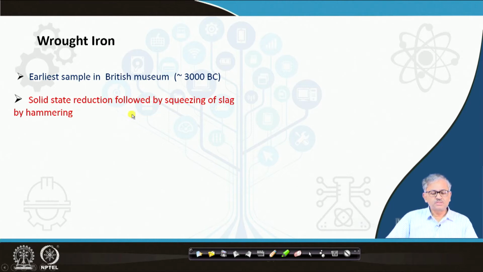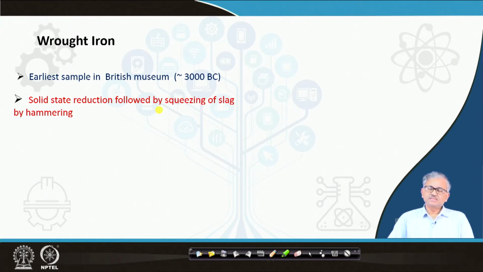So that is solid state reduction, followed by squeezing out the slag by hammering. Iron ore contains a lot of gangue. If you heat at a little high temperature, above 1000 degrees centigrade, which you can do by burning coal even with cold air, then you can directly reduce the iron ore.